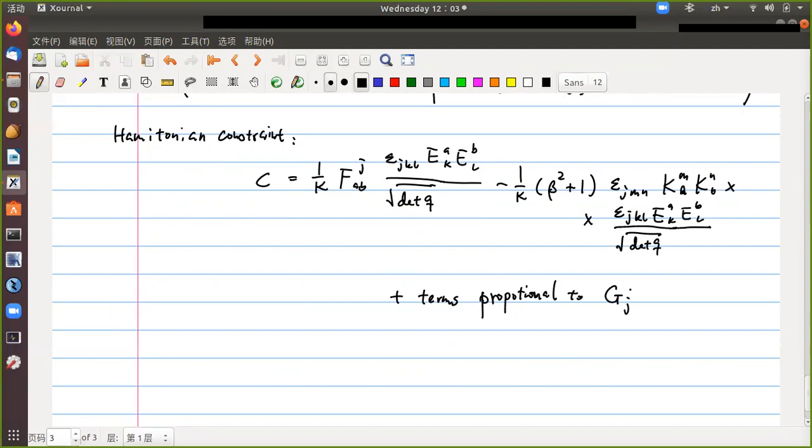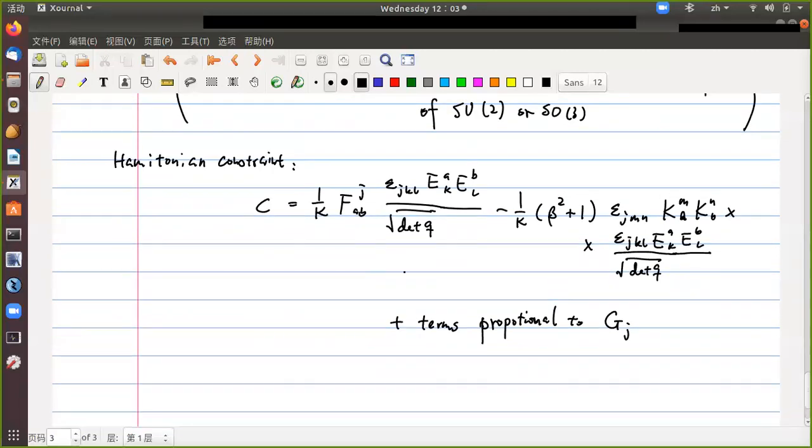Yeah, so if you derive the Hamiltonian constraint from the ADM formalism and express everything in terms of A and E, you will firstly get these two terms, plus multiple terms which are proportional to the Gauss constraint. Which means on the constraint surface, you can just ignore the terms proportional to the Gauss constraint.